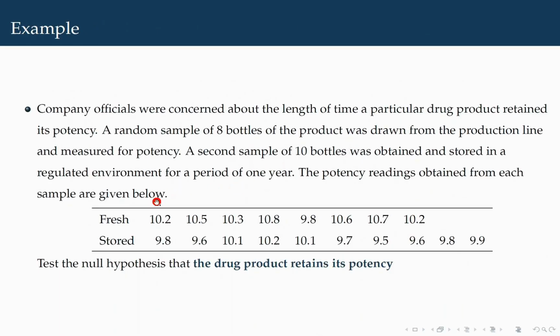Here we have the mean potency of the fresh drug products that is taken from the production line, and the mean potency of the drug products that is stored for a period of 1 year. So let's construct a confidence interval for the difference between the mean potency of the fresh and the stored drug products.